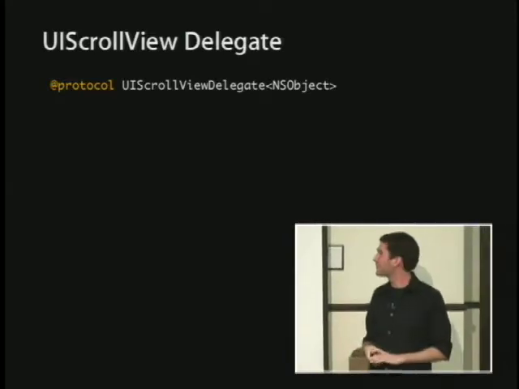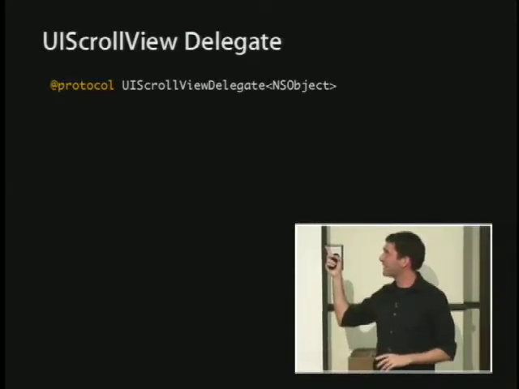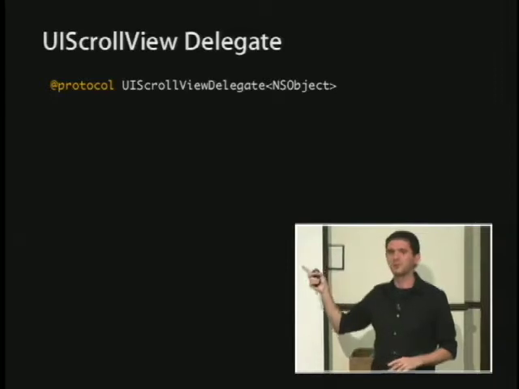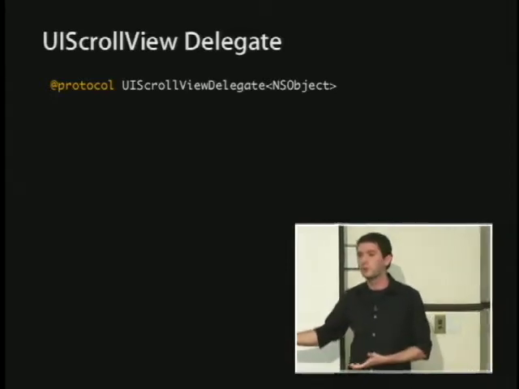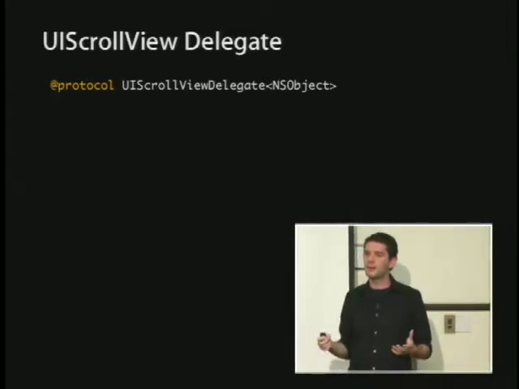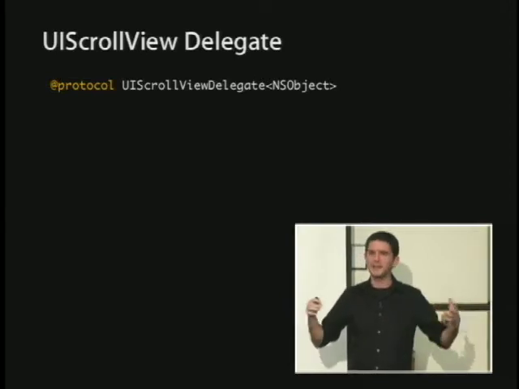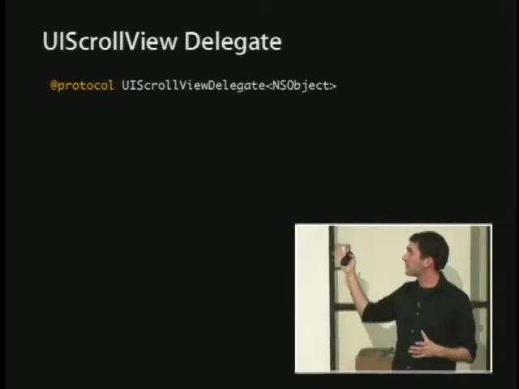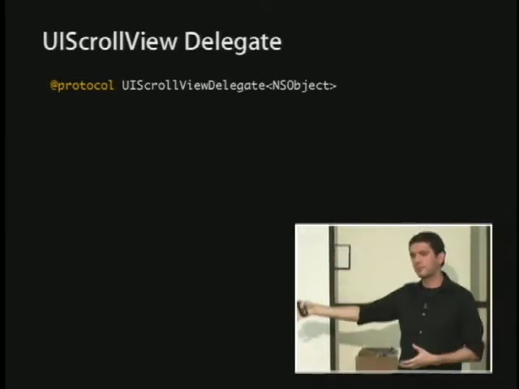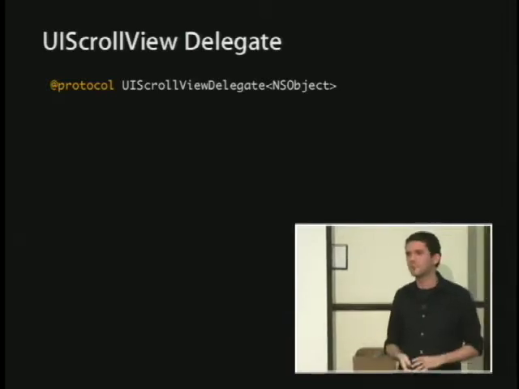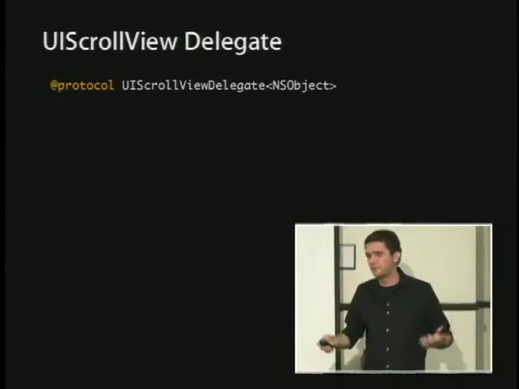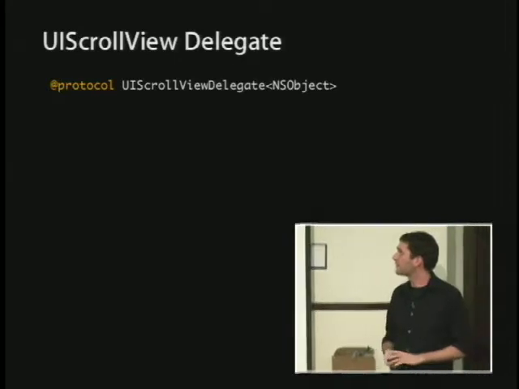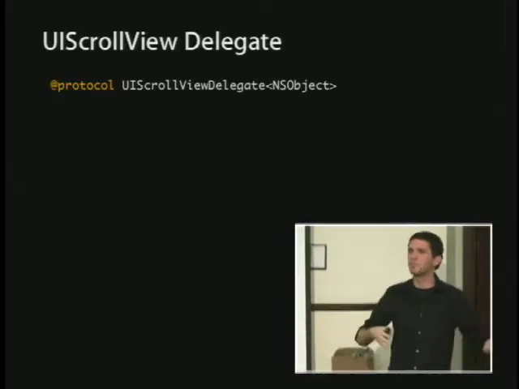Conforms to is what I was going for. So in this case, we're saying that the UIScrollViewDelegate protocol conforms to the NSObject protocol. So any object that's going to be set as a UIScrollViewDelegate must also conform to NSObject, which for the purposes of what we're dealing with, everything conforms to NSObject. But that's how you would write it if you were to say that it conformed to some other protocol as well.